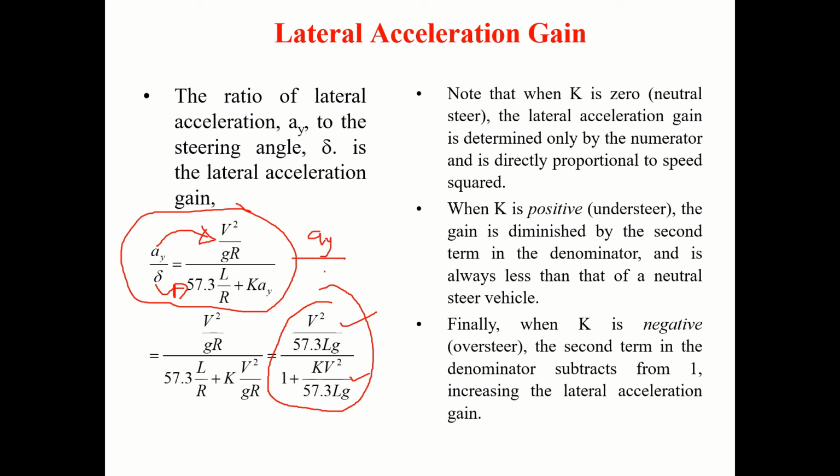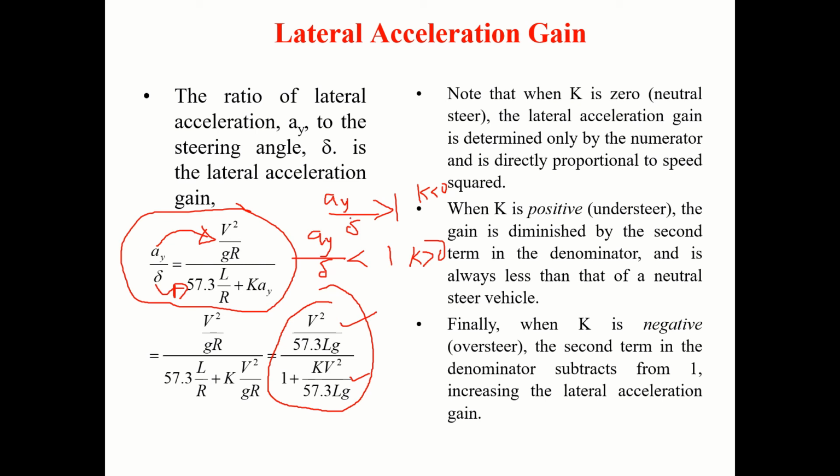AY by delta will be less than 1 for K positive. AY by delta will be more than 1 if K is negative.